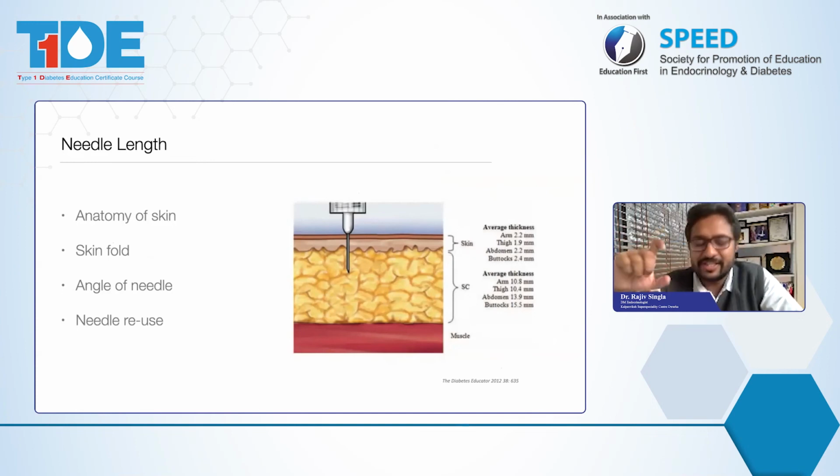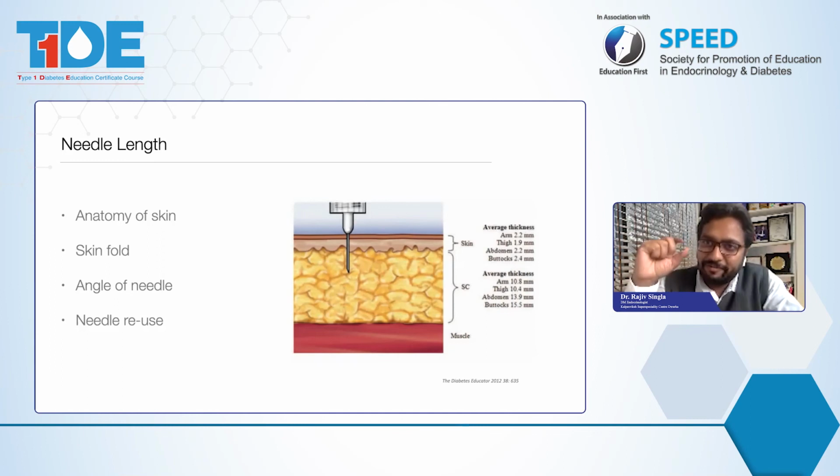Generally speaking, most of the needles, the syringes and the pens are around 4 mm or so, which is adequate, because we need to inject in the subcutaneous tissue, which is just beneath our skin. Our skin is around 2 to 3 mm thick, both for fat people and for thin people.